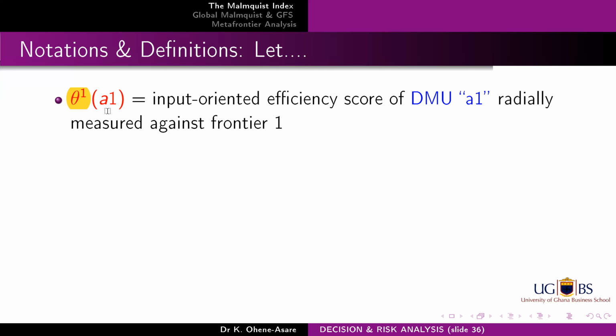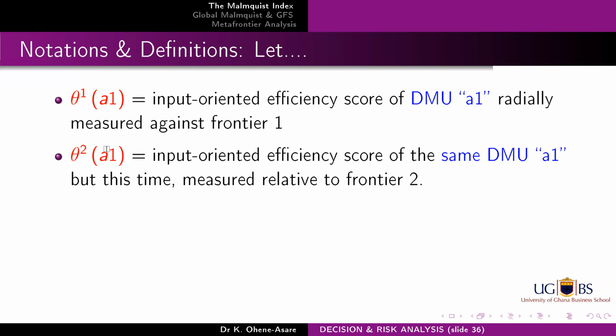So you can have the efficiency of a firm A in year 2 relative to the frontier in year 1, or A in year 2 relative to the frontier in year 2. So that is how we do the readings.